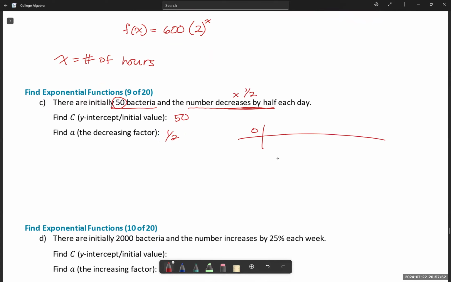So because this is increasing, we know that our value is going to have to be greater than 1. That's going to be that 1.25. So our function is 2,000 times 1.25 to the x. And of course, in this case, x is weeks.